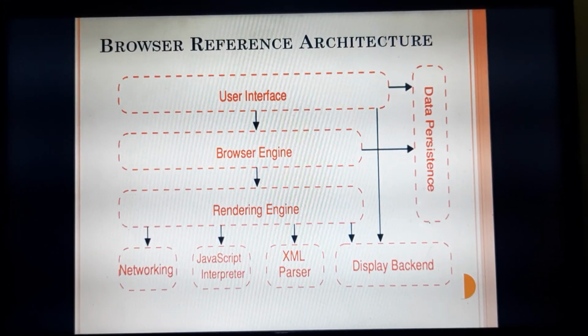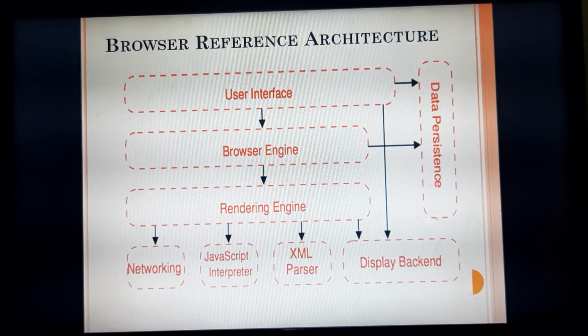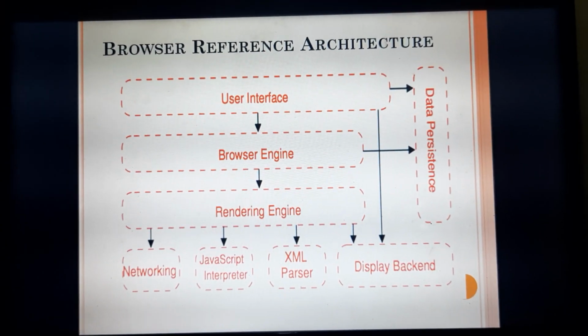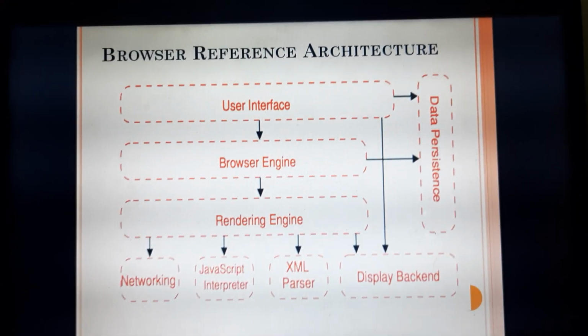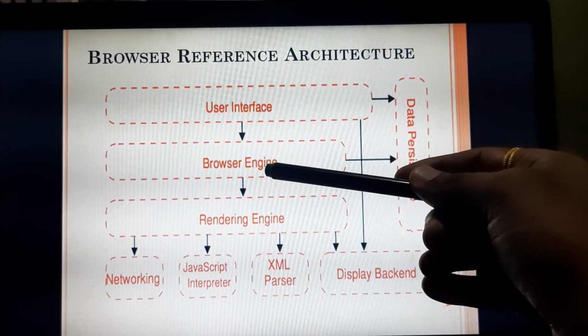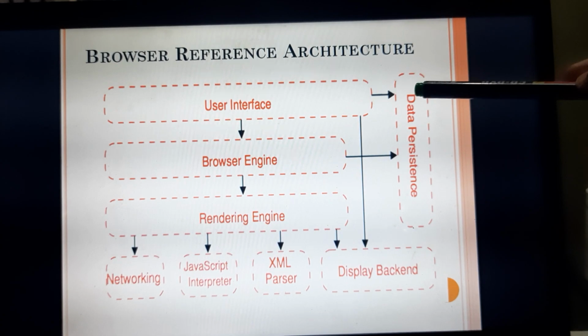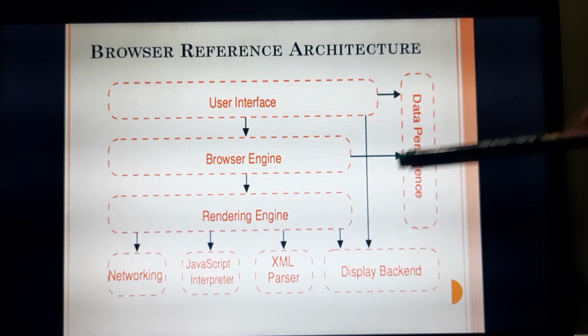Now this is the browser reference architecture. What does the browser reference architecture look like? The user interface is there. The user interface connects with the browser engine, and also with the data persistence.